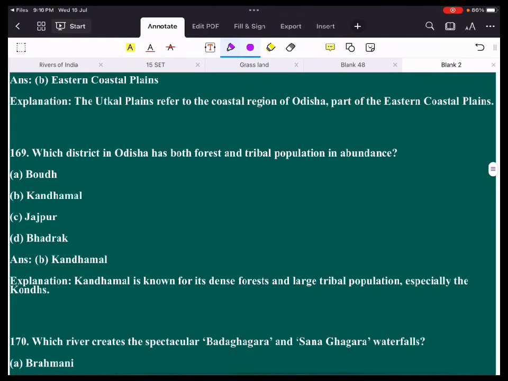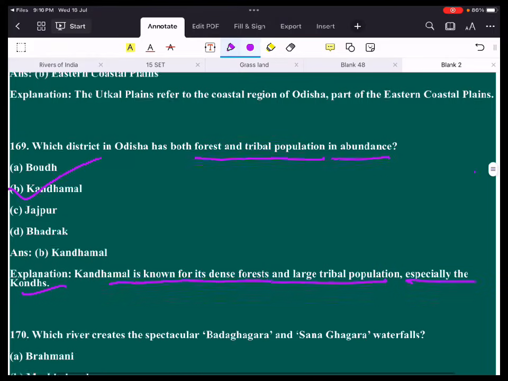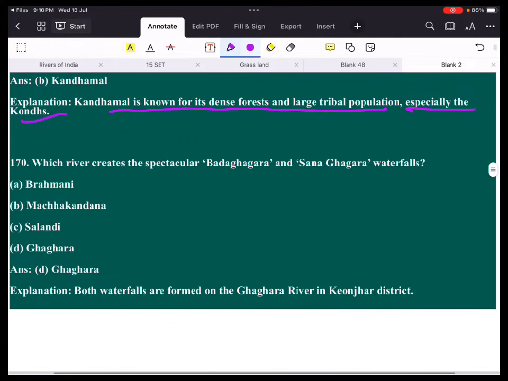Which district in Odisha has both forest and tribal population in abundance? That is option B, Kandhamal. Kandhamal is known for its dense forest and large tribal population, especially Kondhs. Which river creates the spectacular Bada Ghagra and Sana Ghagra waterfall?